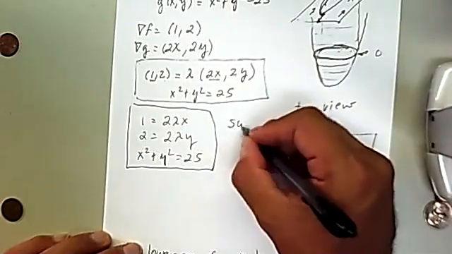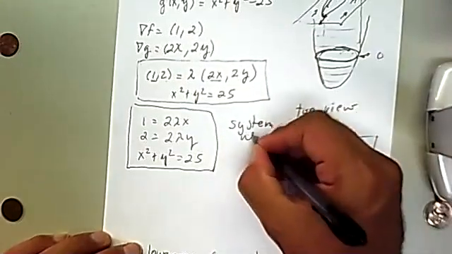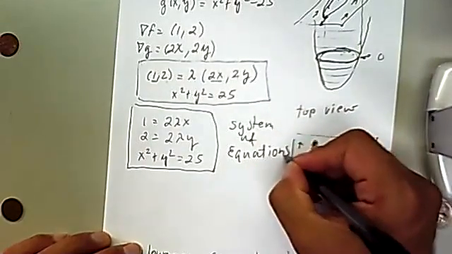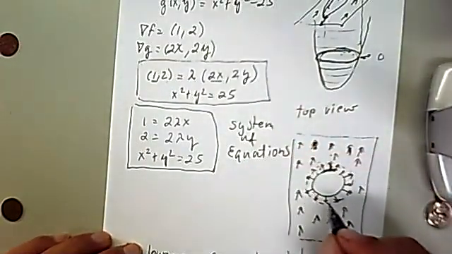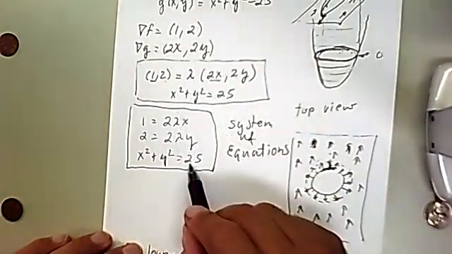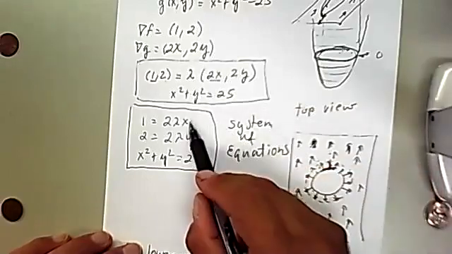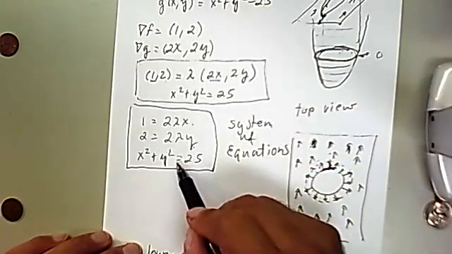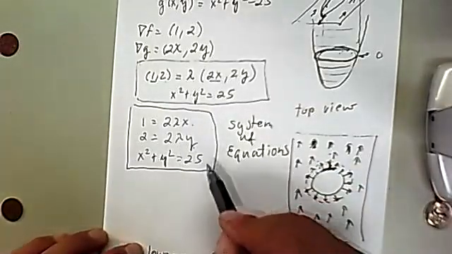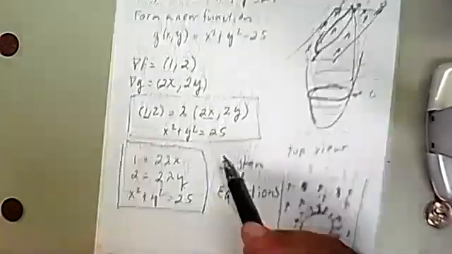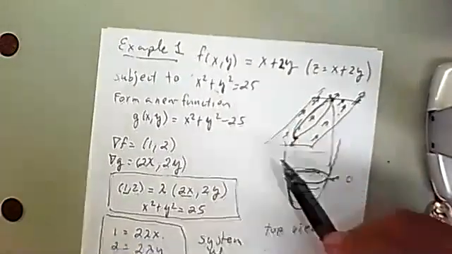So all of these problems in this video are going to boil down to a system of equations that we have to solve. We have 3 equations and 3 unknowns. What are the unknowns? X, y, lambda. And then after that, we're going to use whatever we obtain from that system of equations to figure out which one the maximum is or the minimum is.